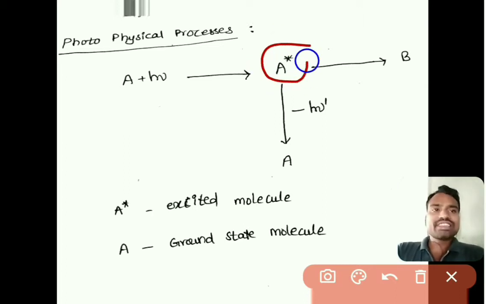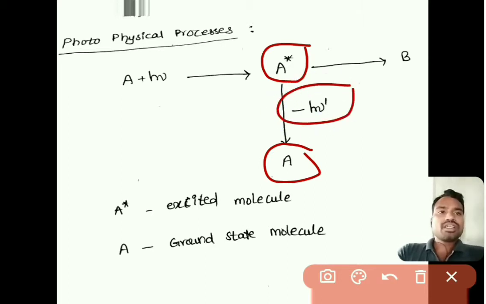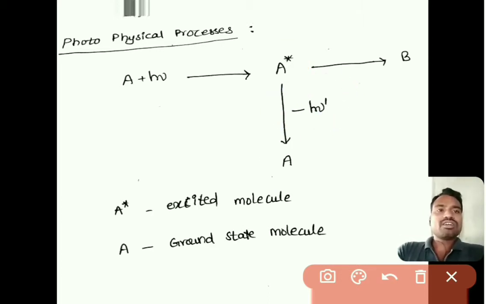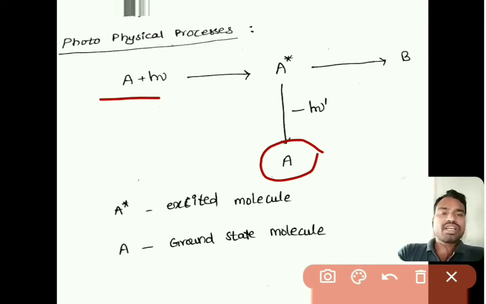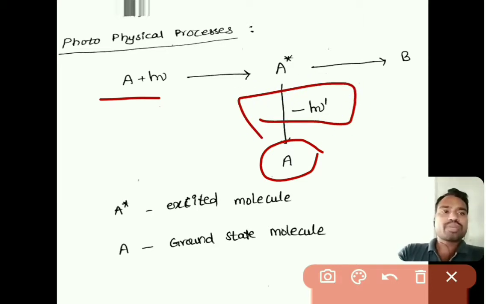Whatever the excited molecule will be deactivating by giving out the energy, it forms the reactant molecule again. So this process is called a photophysical process. Here no chemical changes are happening, only physical changes or physical processes are occurring.